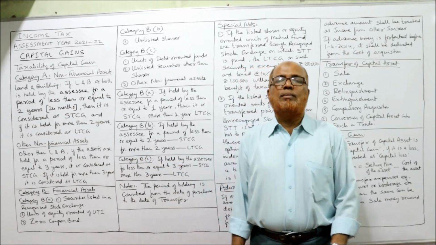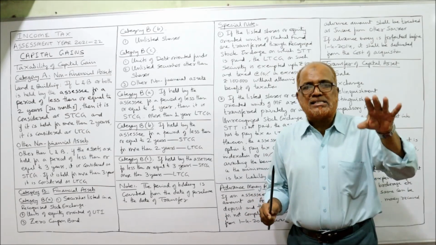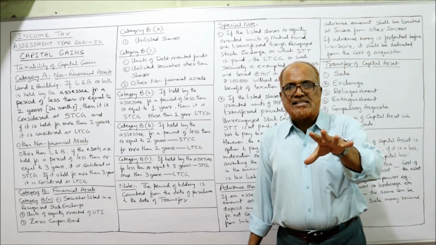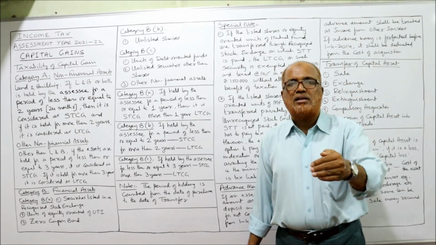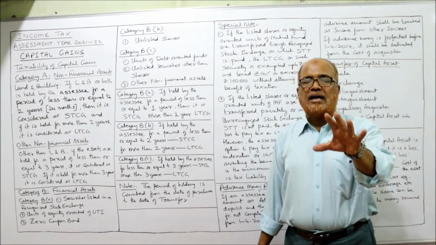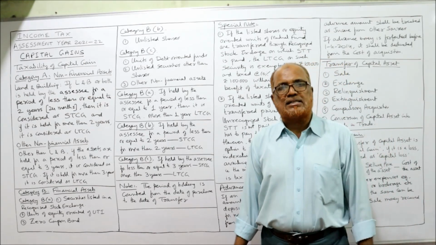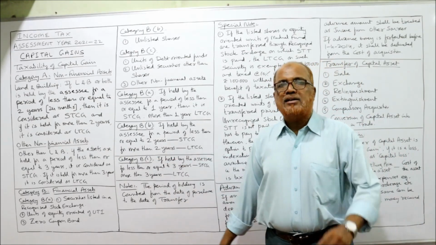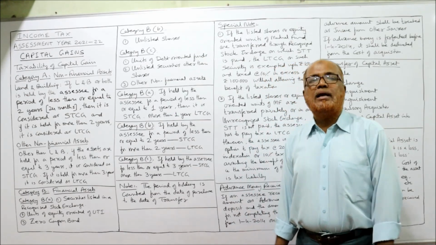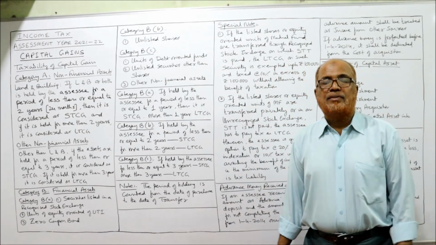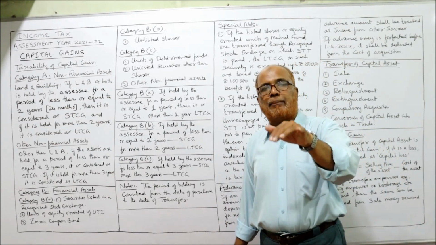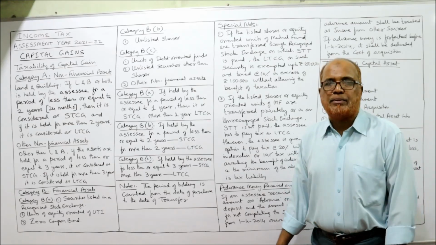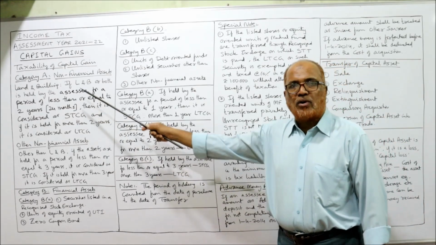If the asset is held for up to 2 years, it will be called a short-term capital asset, and if transferred, the gain is short-term capital gain. If the holding period is more than 2 years, it will be considered a long-term capital asset, and the gain arising will be known as long-term capital gain. That's it for land and building.